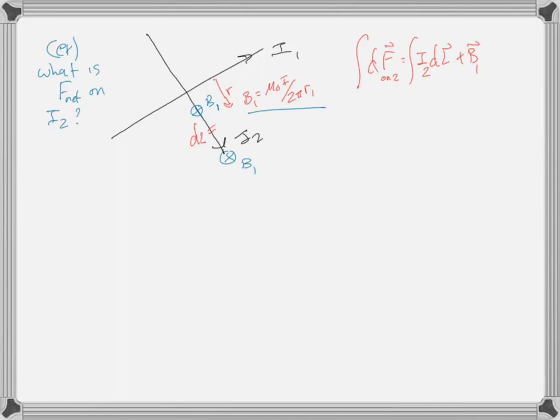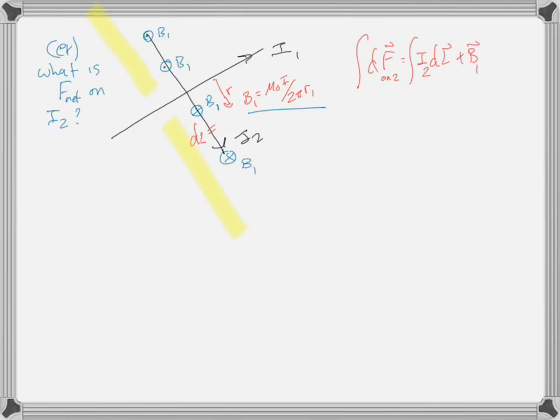The second B1 I wrote is smaller than the first B1 because it's farther away from I1. And over here, the magnetic field B1 is out of the page. So if this is a symmetrical situation, then whatever the force is on this side is equal, but in the opposite direction, to the force on this side.